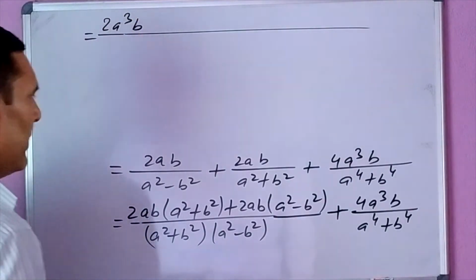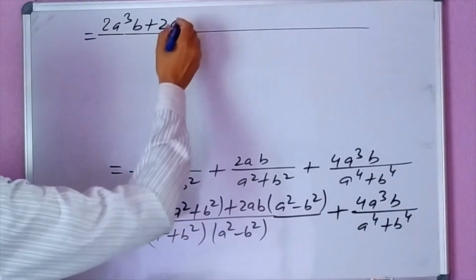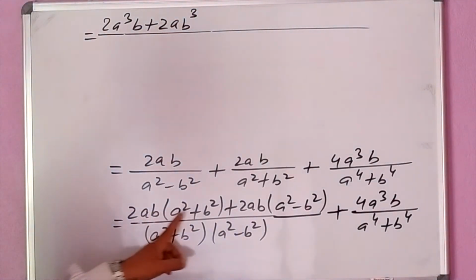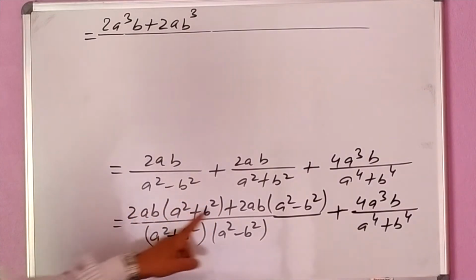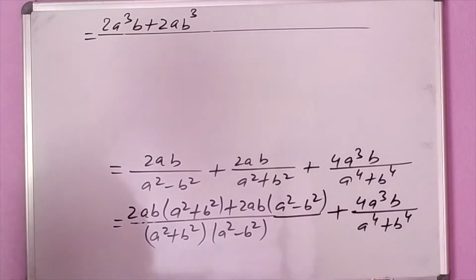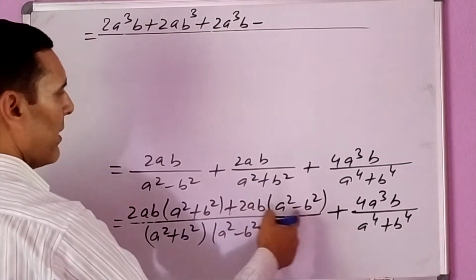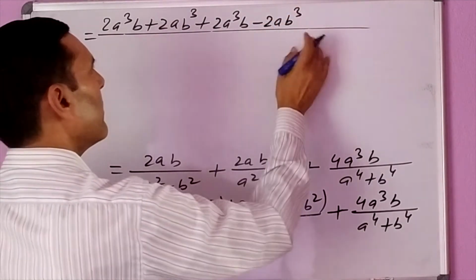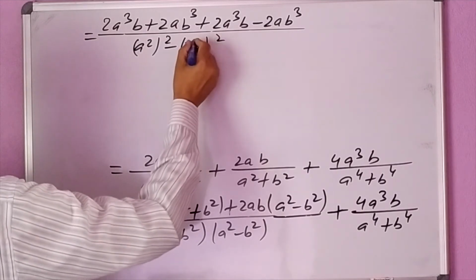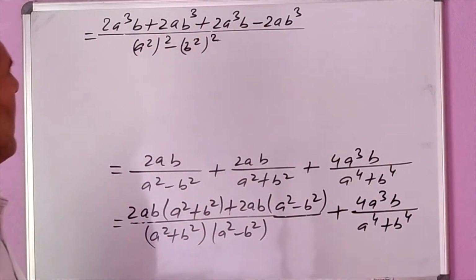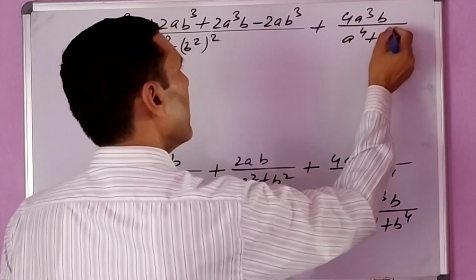And 2ab into b square, 2ab cube. Again 2ab into a square, 2a cube b, minus 2ab into b square, 2ab cube, upon a square minus b square, which is a plus b into a minus b, and this last term as it is, 4a cube b upon a power 4 plus b power 4.